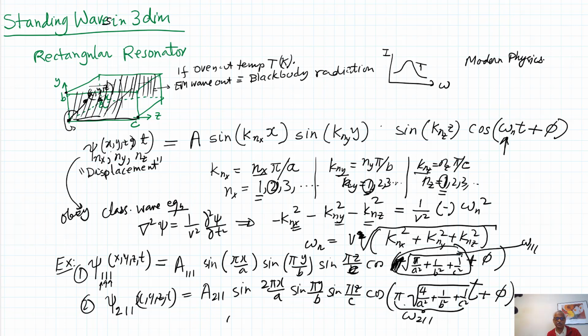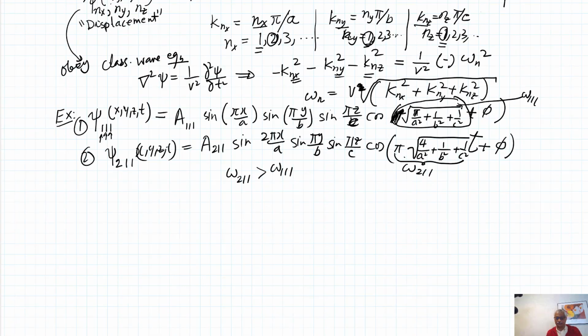You can see omega 211 is greater than omega 111, but these are all discrete frequencies, and so it's going to oscillate at different frequencies. You can say a whole bunch of frequencies.